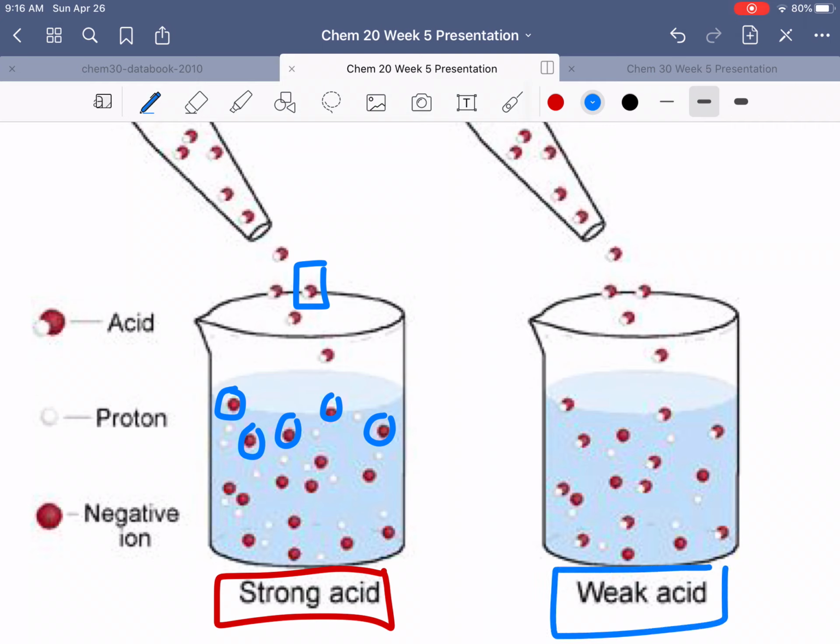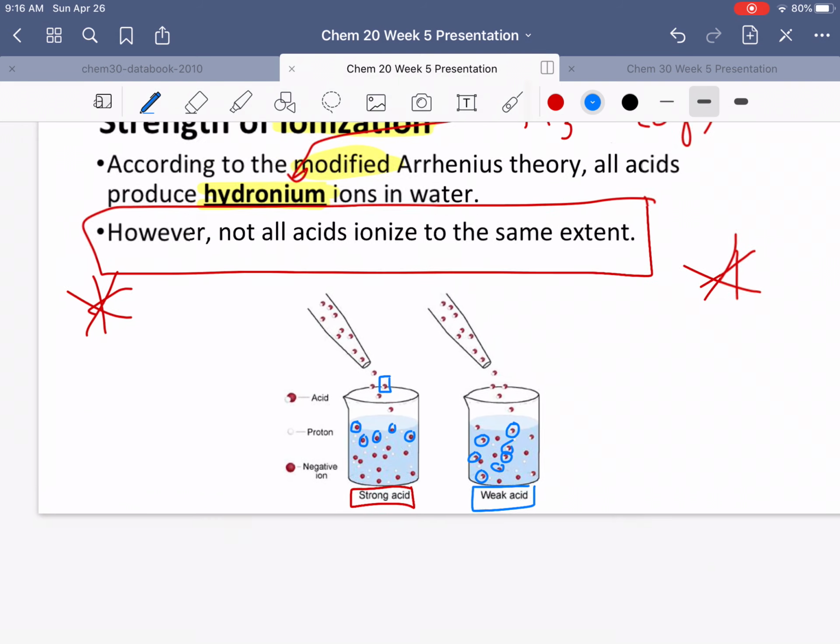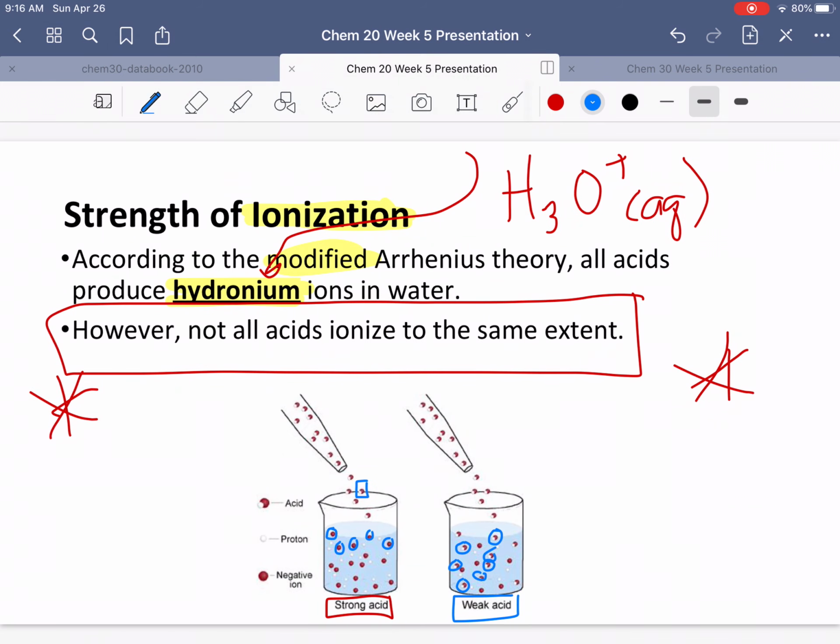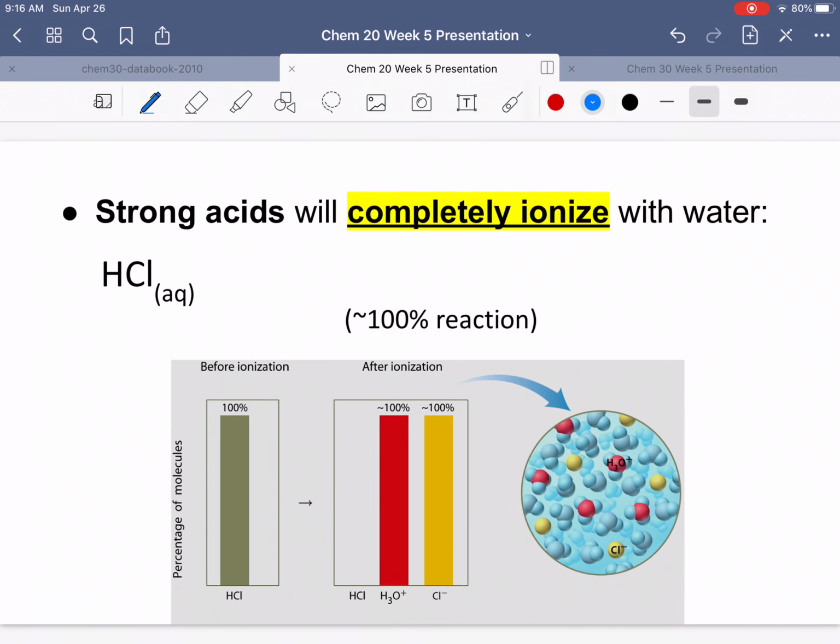Vice versa, look at the weak acid over here. On this side, some of the acid molecules stayed together. They didn't actually ionize. So even though we're putting the same amount of acid molecules in for both the strong acid and the weak acid, the difference relates to the amount of ionization. Ding, ding, ding. This is huge.